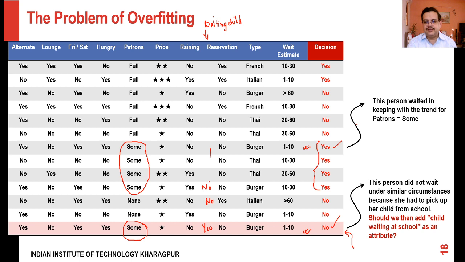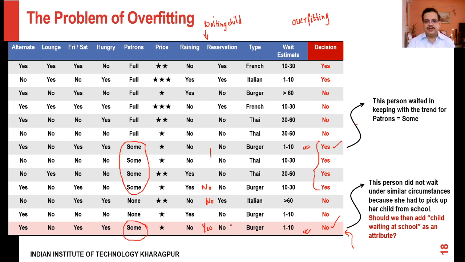So bringing in such variables constitutes what is called overfitting, because then you are trying to make the decision tree fit even the anomalies, but these are actually anomalies, they are like noise, so they will have to be filtered out.